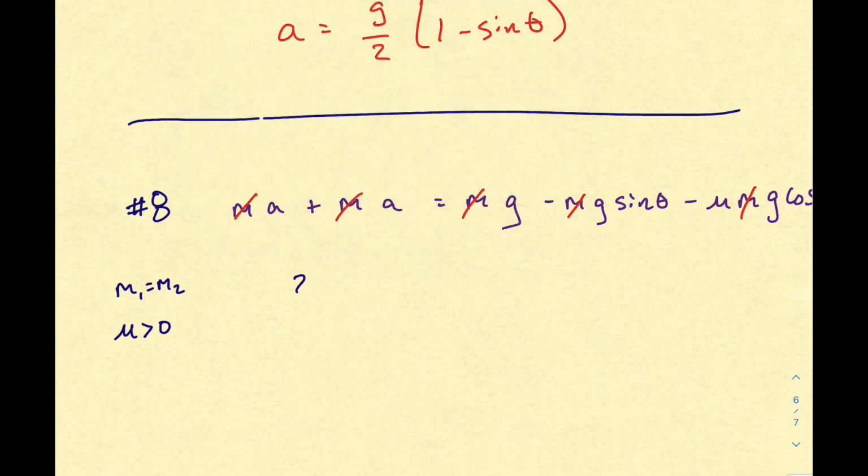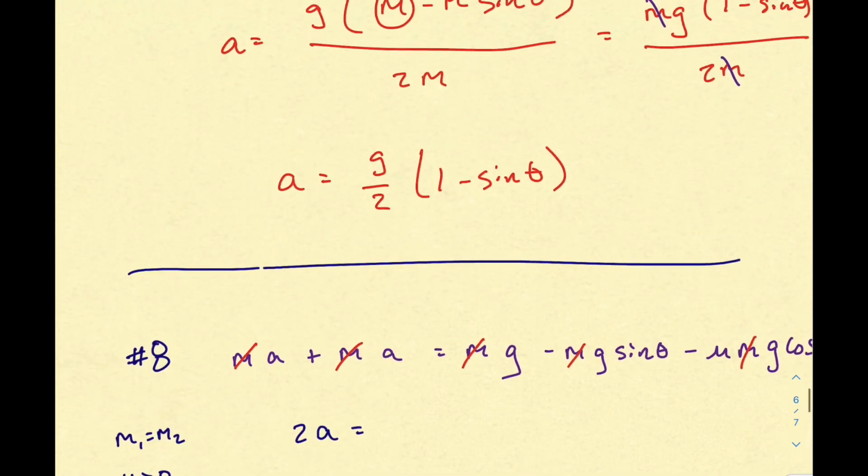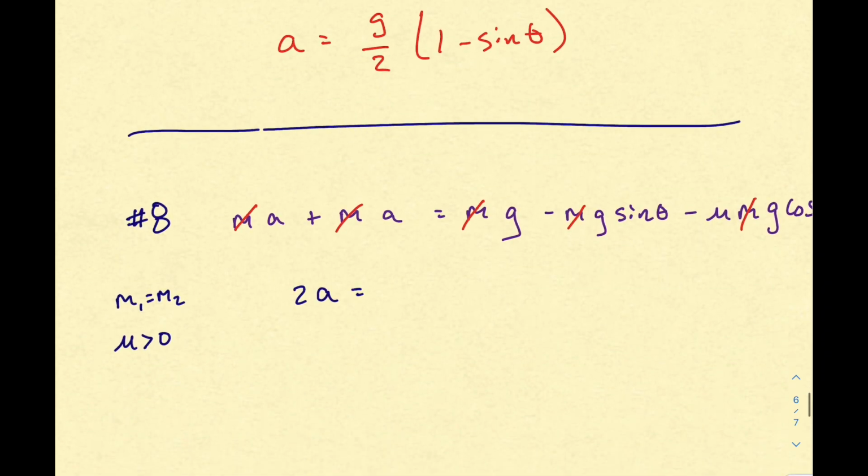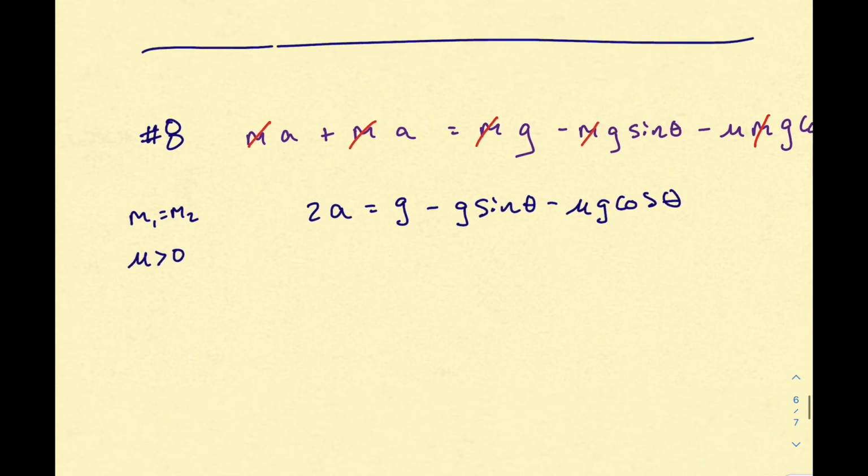This now becomes 2a over here is equal to g minus g sine theta minus mu g cosine theta. G in each term and a 2 over here allows us to write g over 2.